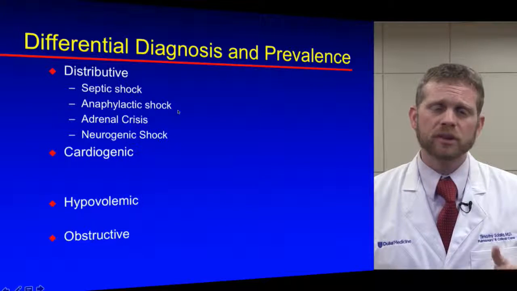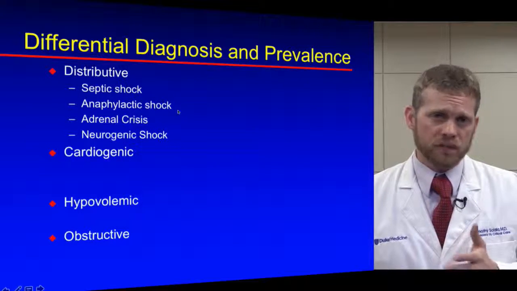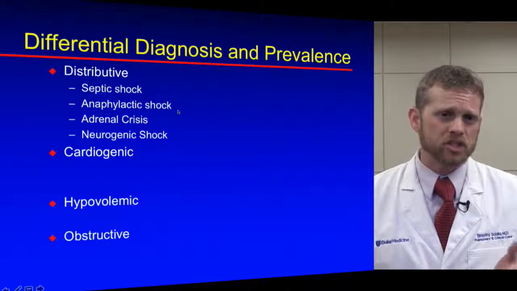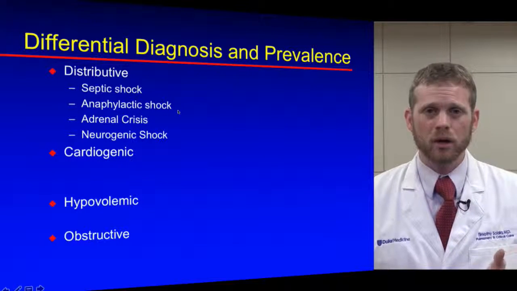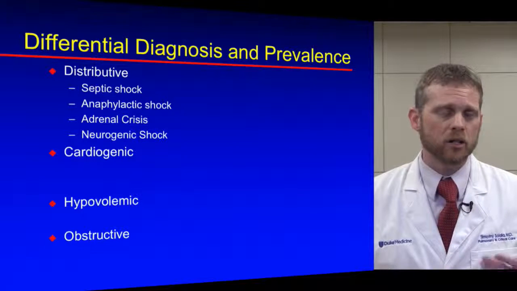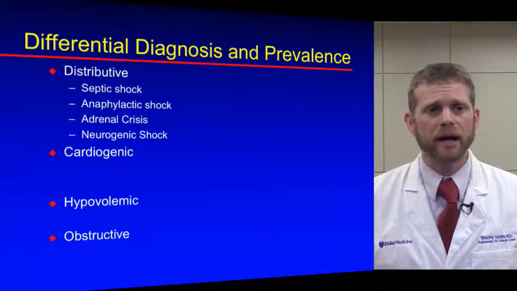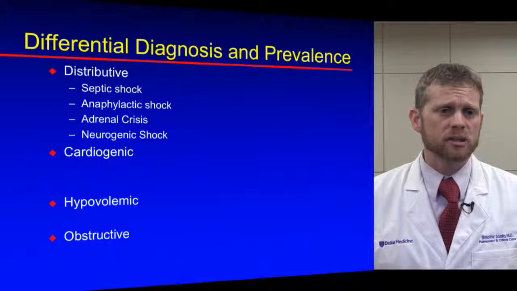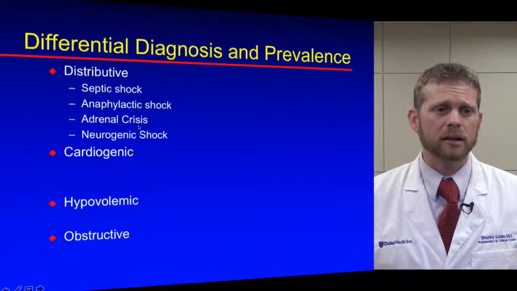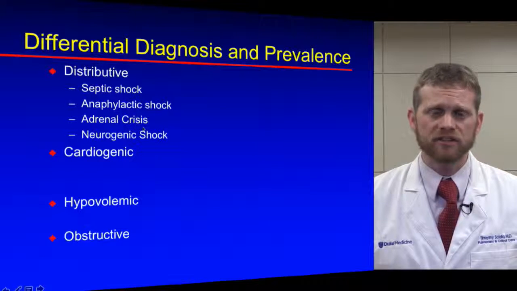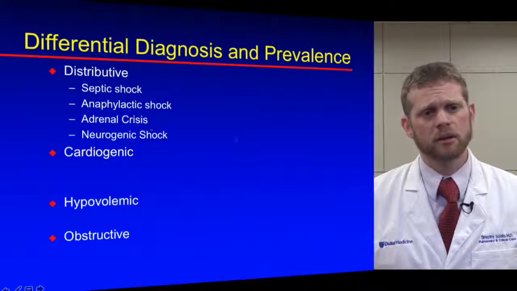And typically, someone with anaphylactic shock, there's going to be some signs or symptoms that suggest that, for instance, hives or swollen lips, or recent exposure to penicillin or another antibiotic. Adrenal crisis can be quite humbling, and you do have to be on the lookout for that, and that's one that's often challenging and missed.